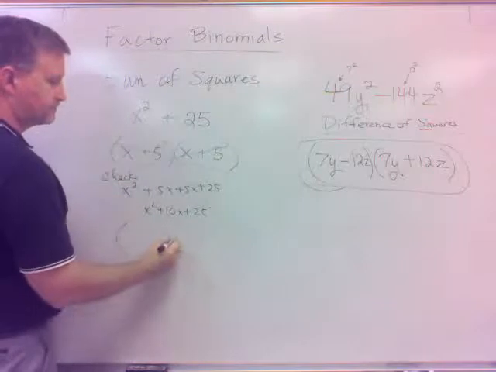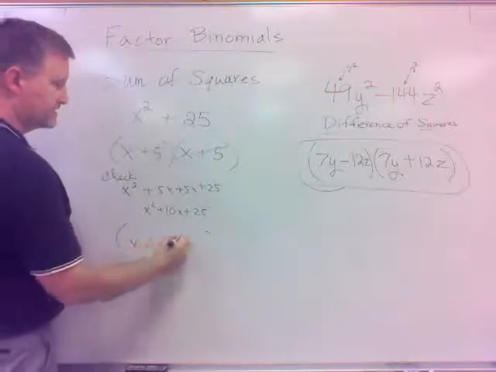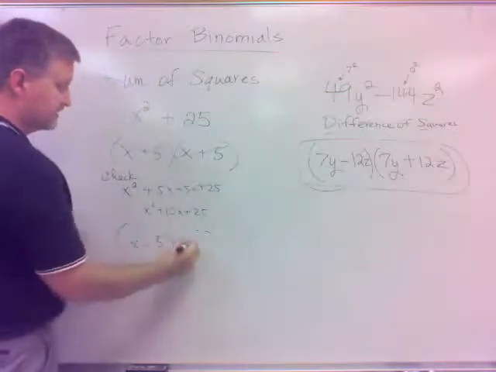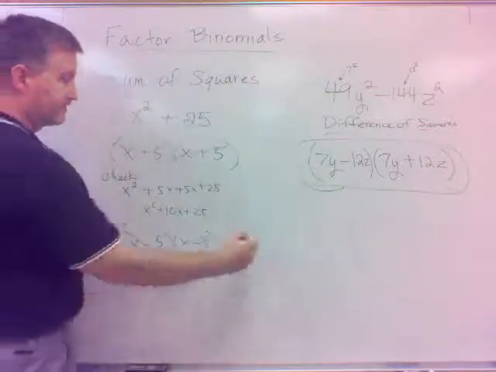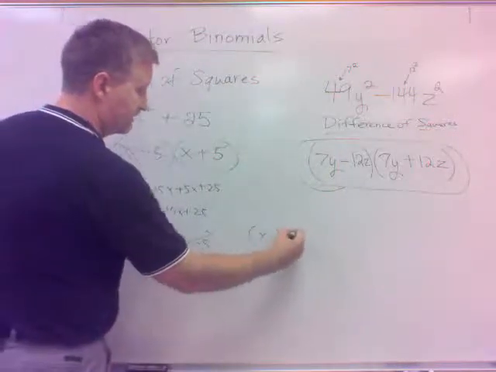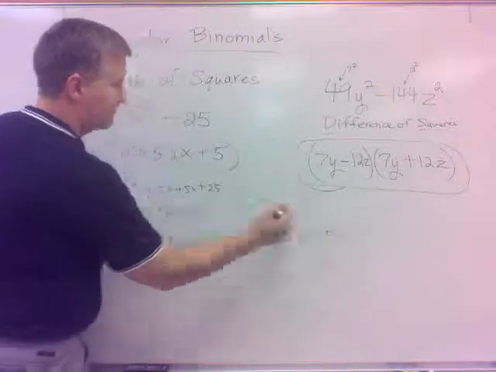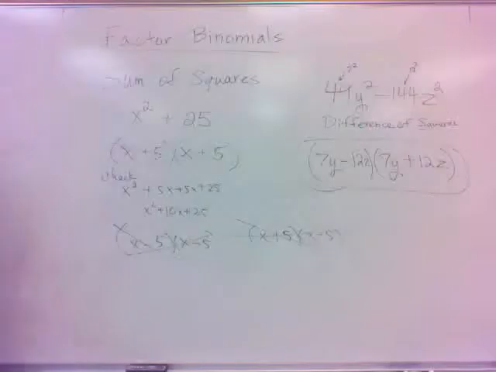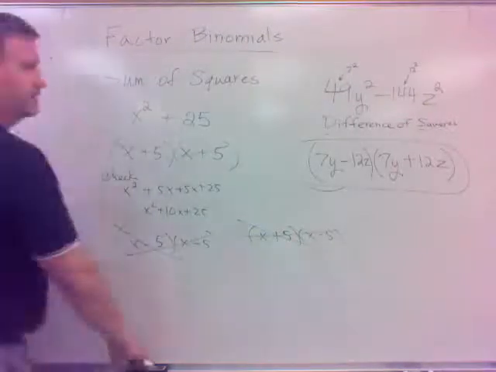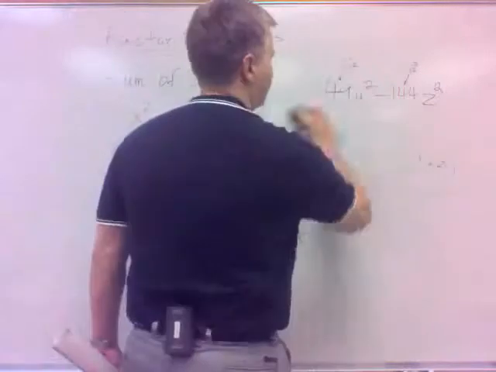The two minuses, same thing, they wouldn't cancel out. And of course, if you did one a positive, one a negative, that's not right either, because that's not positive 25, that's negative 25. No. There is not, over the real numbers, a way to factor a sum of squares. A sum of squares is prime.